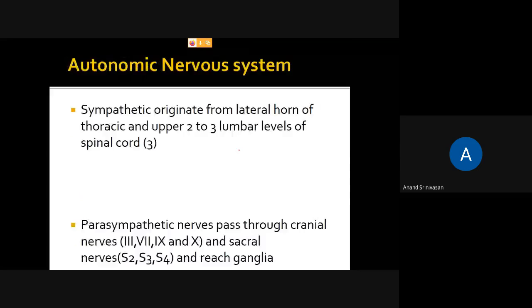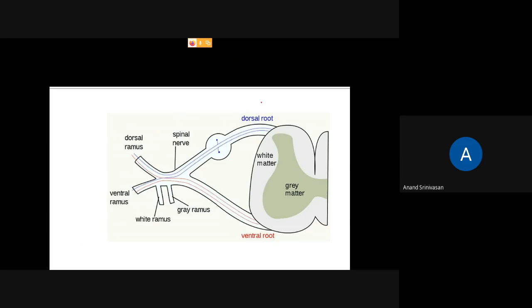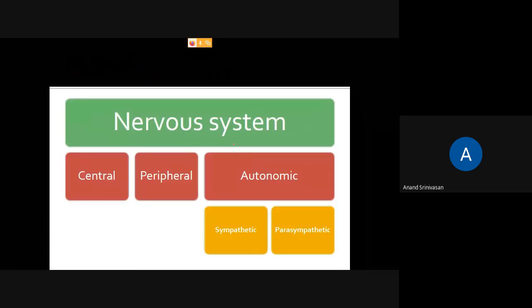Here you can see in the previous one which we have seen, the spinal cord. This is the posterior horn, anterior horn. The dorsal root is connected to the posterior horn, whereas the ventral root is connected to the anterior horn.